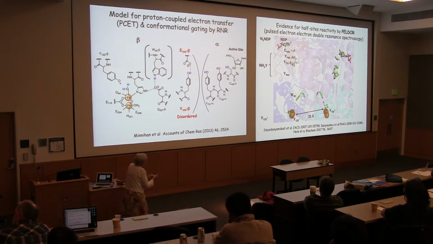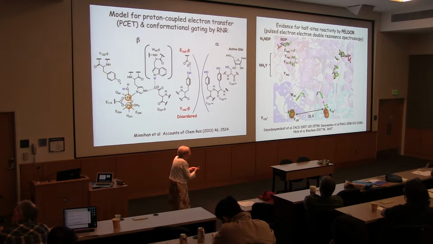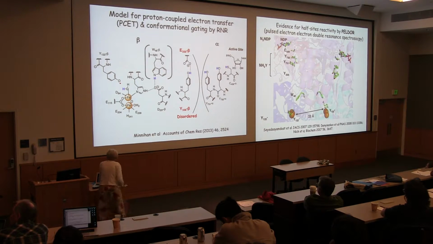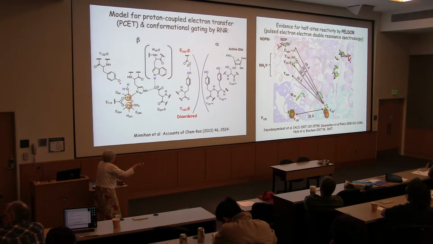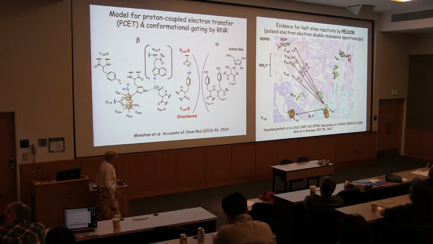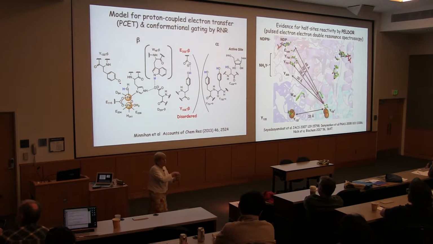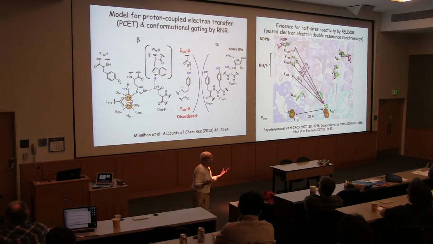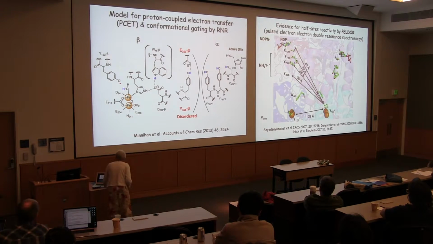And then in the active site, we use a mechanism-based inhibitor where we generate a radical. So we add the nucleotide, this gets reduced, and these guys all get oxidized. We do 5 separate experiments, and then you can measure distances. And we have a docking model, and you can ask the question, does the docking model fit with the distances? And so we have more distance constraints for how the two subunits go together.